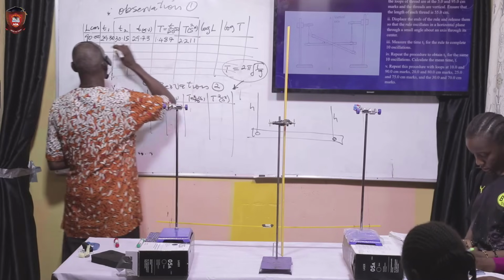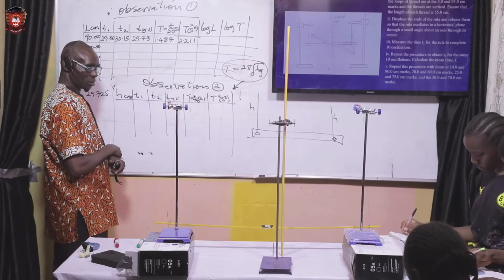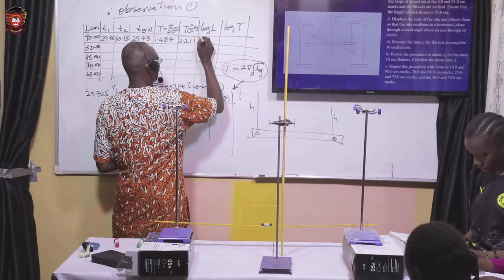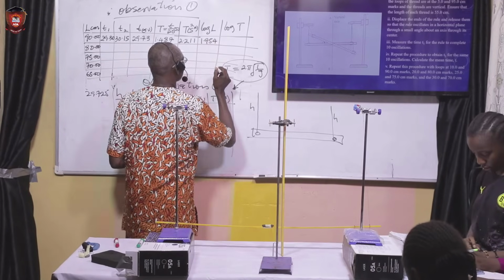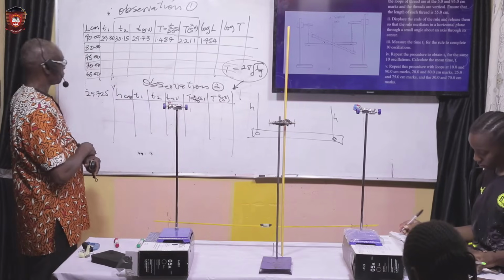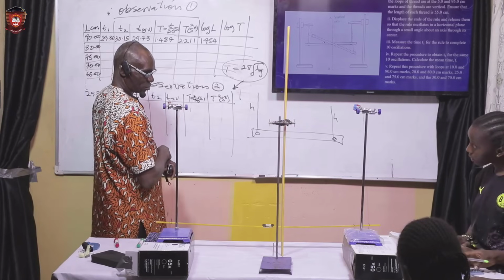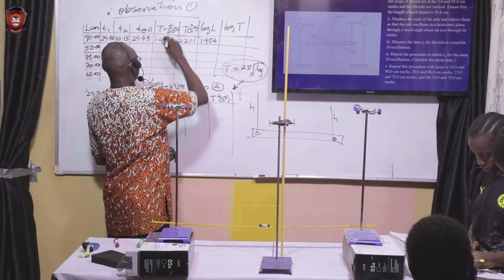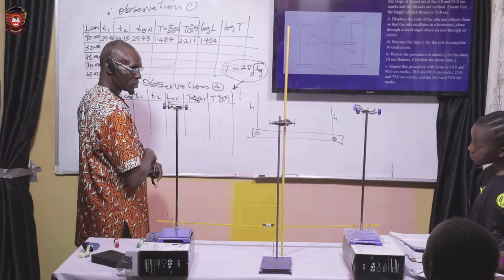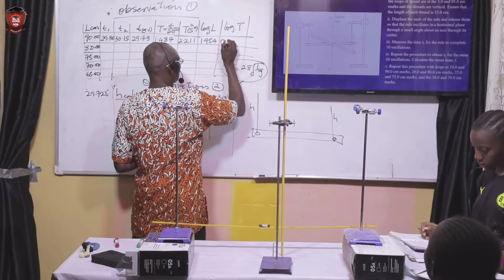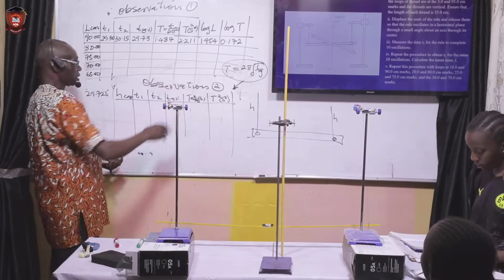Then log of L, log of 90, 1.954. Then log of T, the log of the period T, 0.172. That's correct. So this exactly.